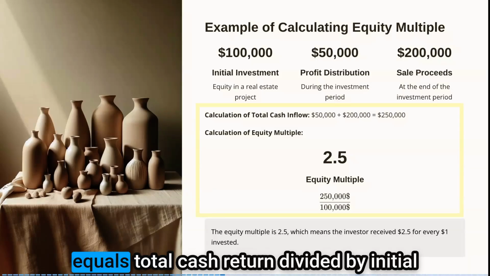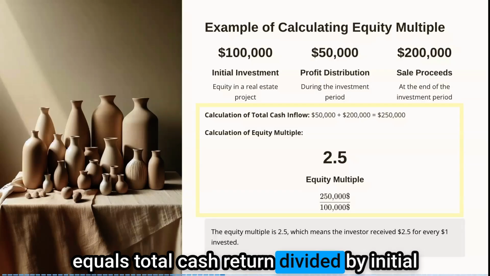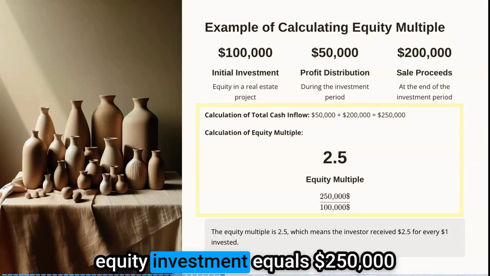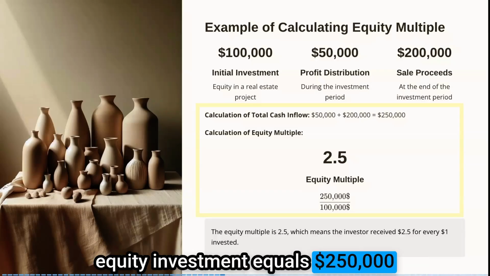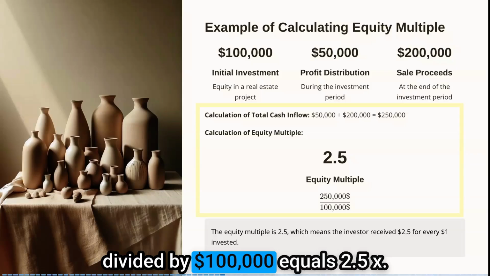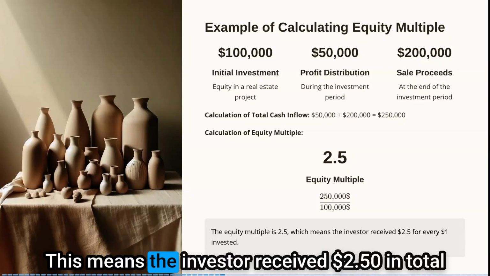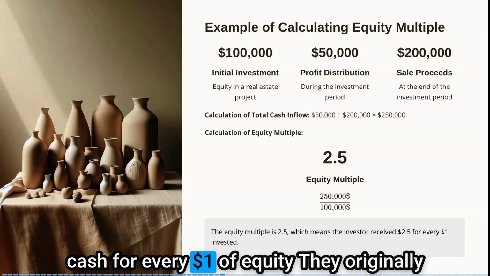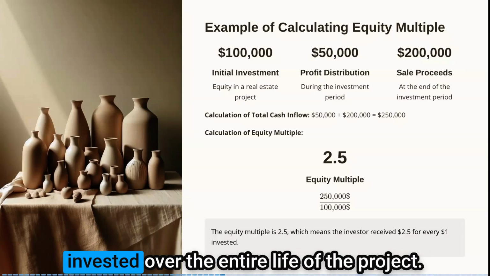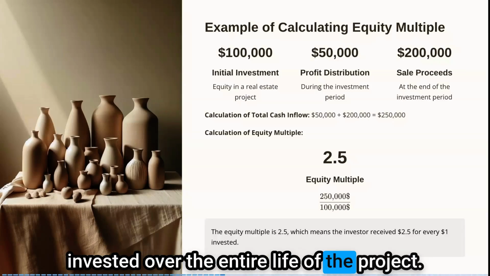Equity multiple equals total cash return divided by initial equity investment equals $250,000 divided by $100,000 equals 2.5x. The equity multiple is 2.5. This means the investor received $2.5 in total cash for every $1 of equity they originally invested over the entire life of the project.